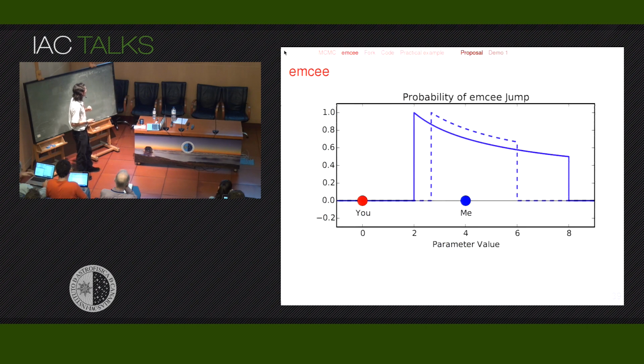So I have a picture of that, I think. Okay. If I'm there and you're there, this is the distribution that's used. So it can basically step from its current position to halfway to where the other particle is, or twice as far in the opposite direction.